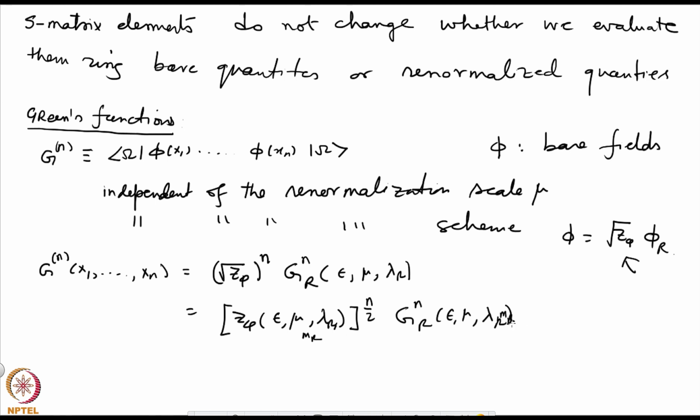These are the parameters in the theory. But now you see that the original action, or the Lagrangian, had only m and lambda. These were the only parameters in the bare action or bare Lagrangian. Okay. But when you do renormalization, when you write everything in terms of renormalized fields, you are writing in terms of mr, lambda r and mu.